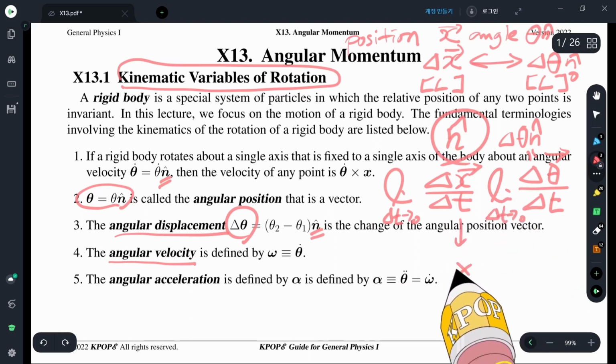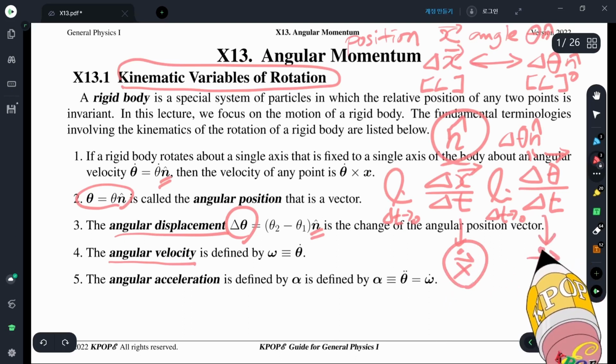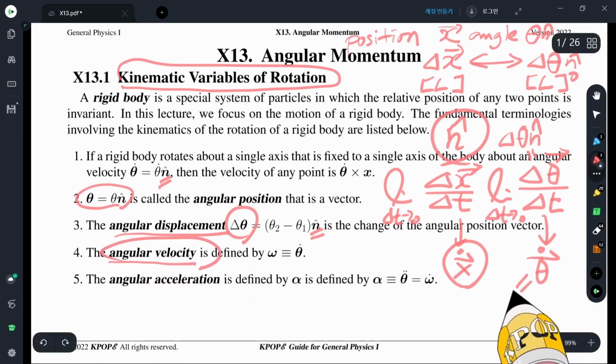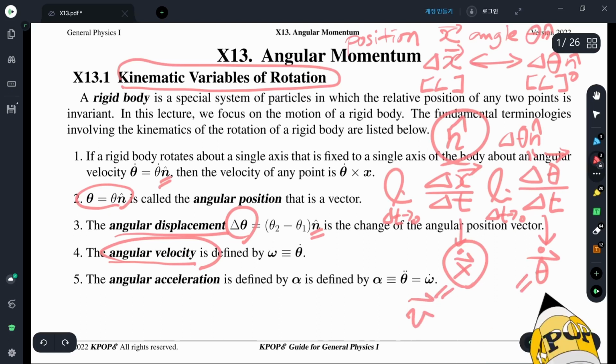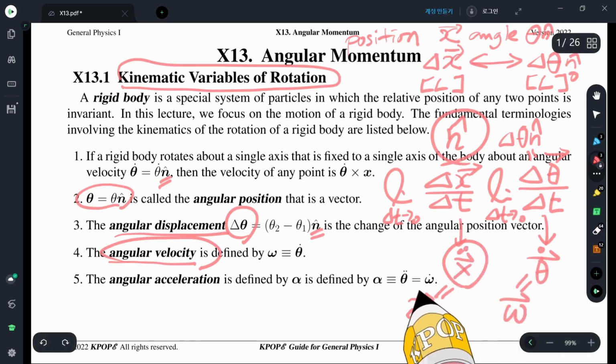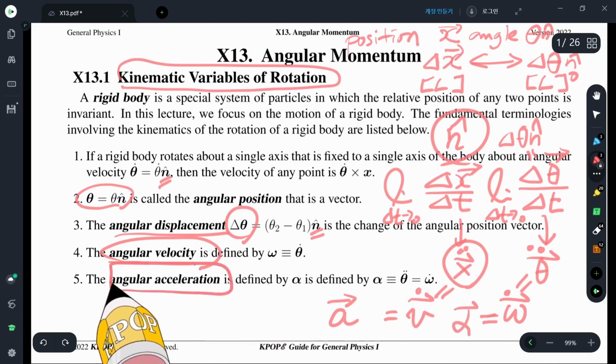So this is a velocity, and this is angular velocity. And we have a special notation just like a velocity v. We have omega, angular velocity. We can take another time derivative to find an acceleration. So if I take the derivative, then we have a special notation for the angular acceleration. That is alpha, angular acceleration.